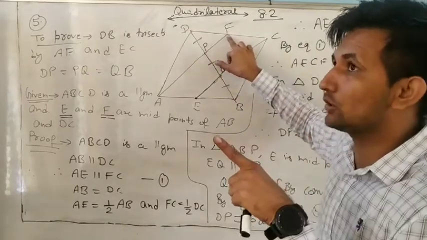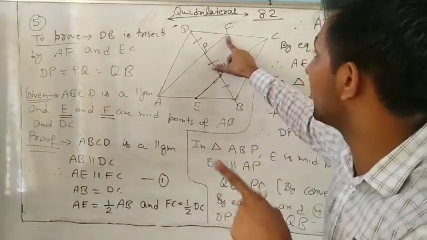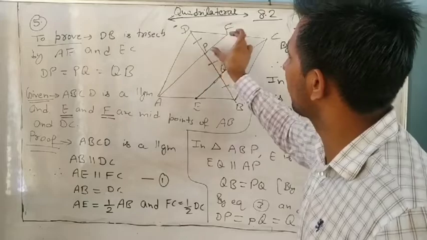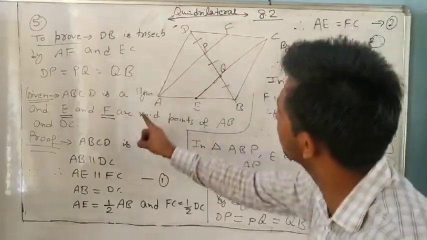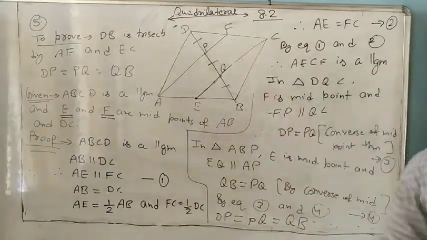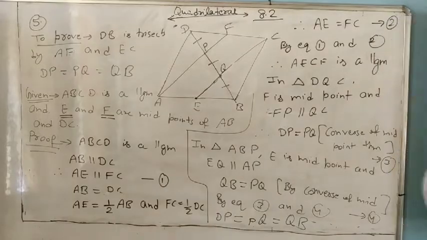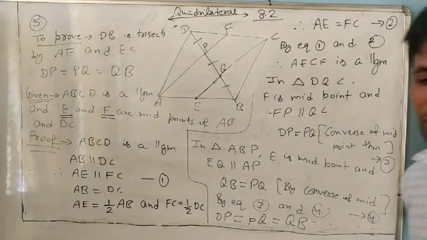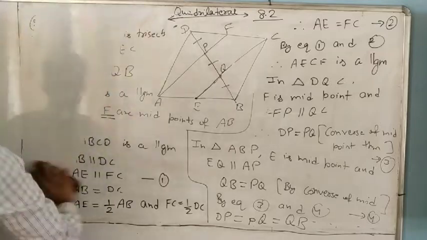If one midpoint is given, we will use the converse of the midpoint theorem. So we have to prove that FP is parallel to QC, so first prove that it is a parallelogram, and then we use it. Now the last question of this exercise, of this chapter.